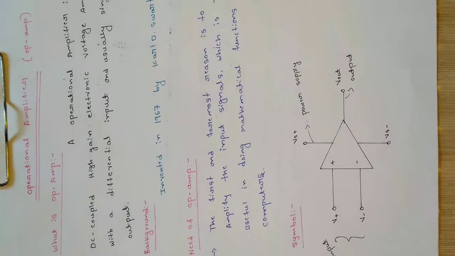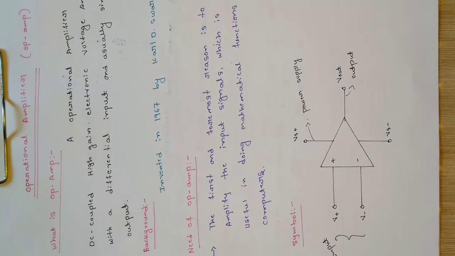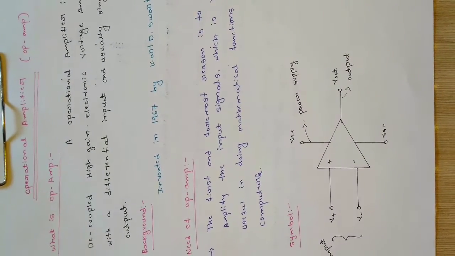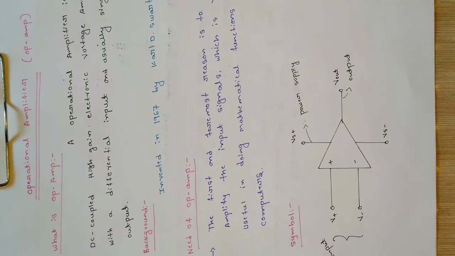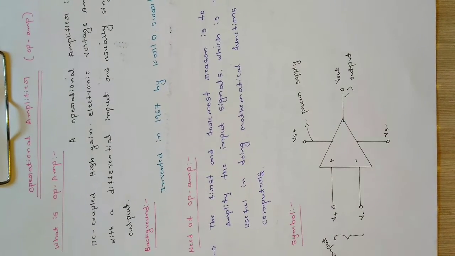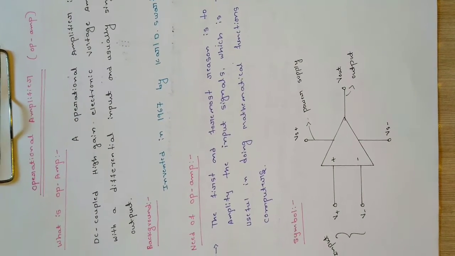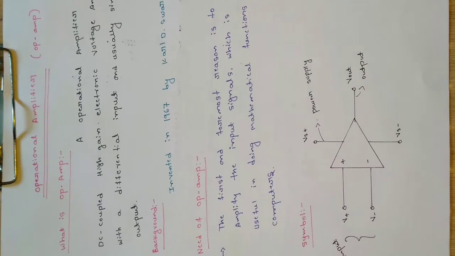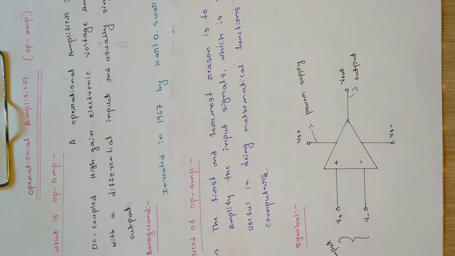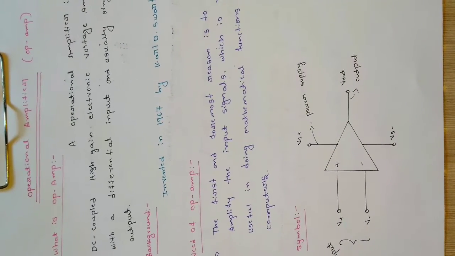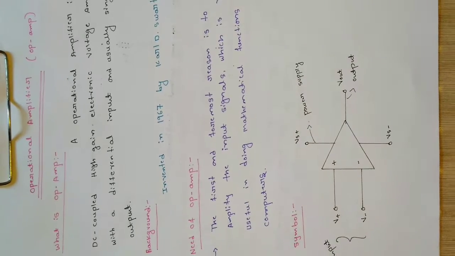So why the name operational amplifier? In olden days we were having analog computers; we are using digital computers now. But in those days, to do mathematical calculations, that is mathematical operations, we were using this op-amp. So that's why the name operational amplifier.